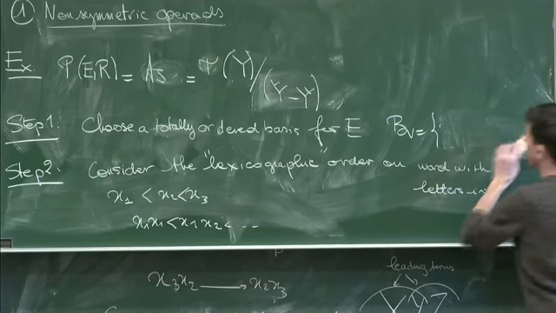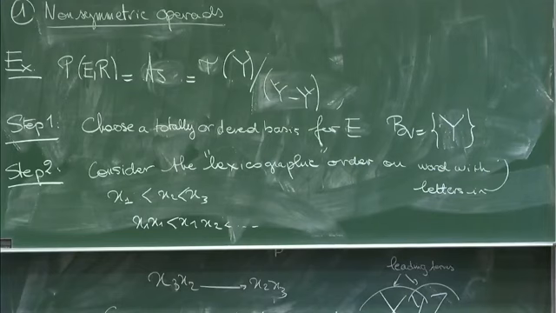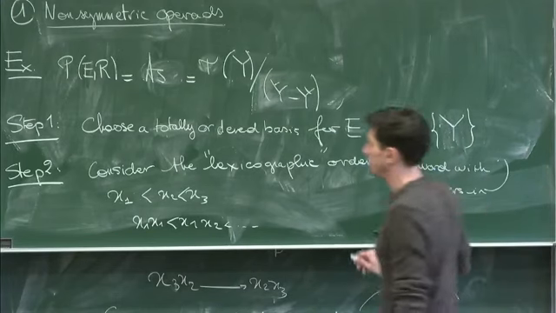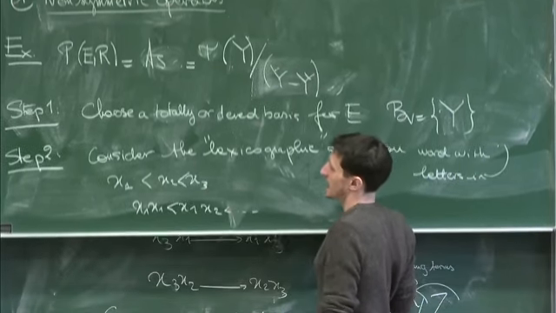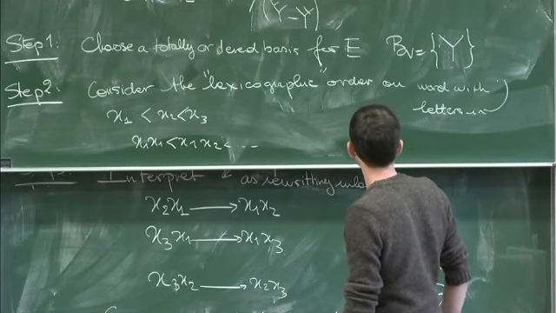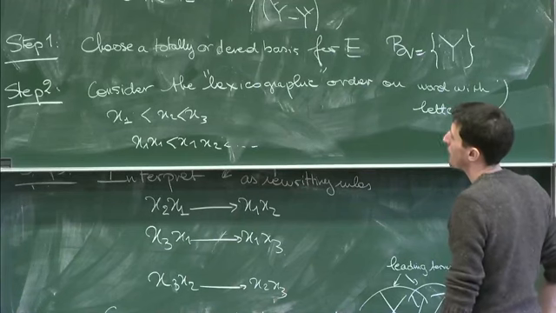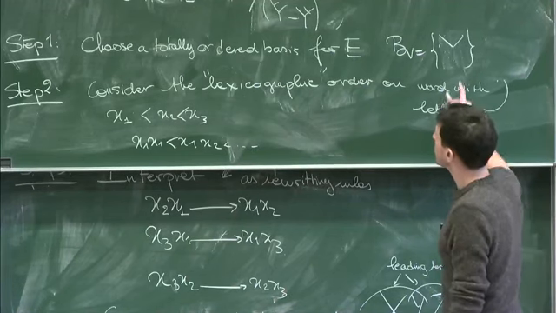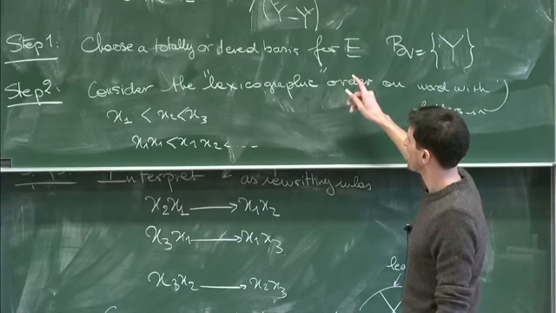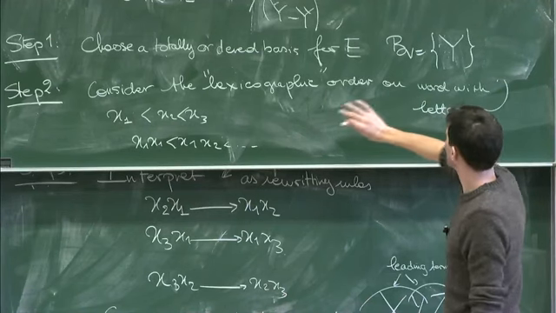So I take for basis this binary tree. Right. This is easy. Step 2. Consider a certain graded lexicographic order on trees, planar trees labeled by E. Okay, I should consider a good lexicographic order.